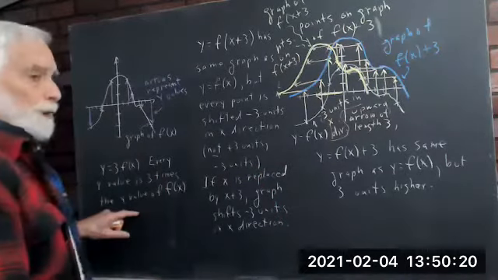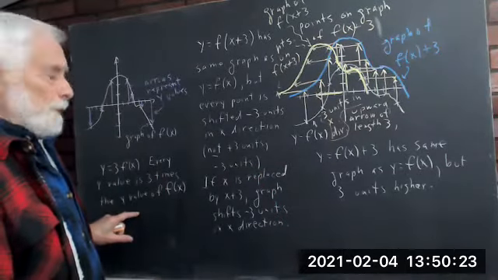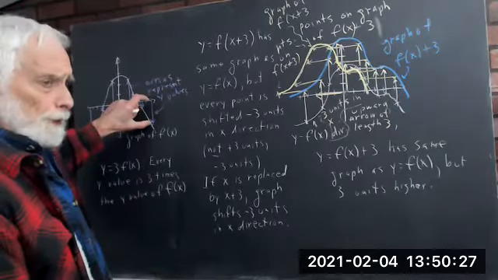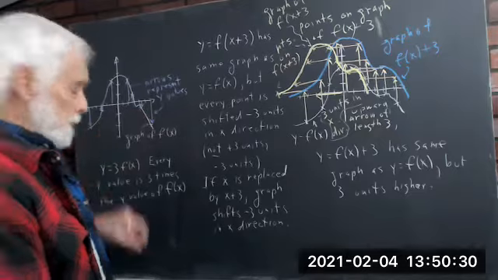Okay, well now I want my arrows to become 3 times as long, because the Y values are 3 times as much. These arrows, which represent the Y values, are going to have to get 3 times as long.